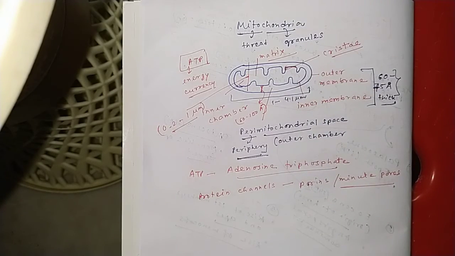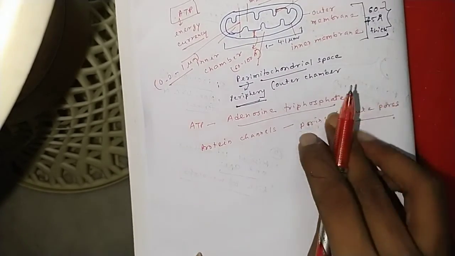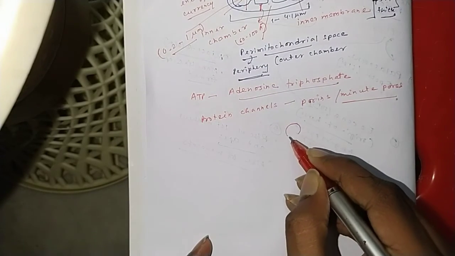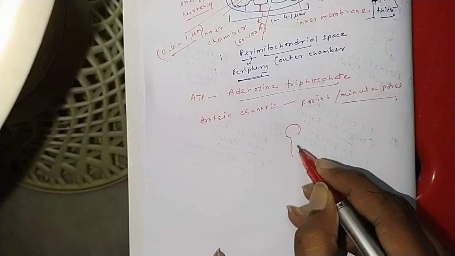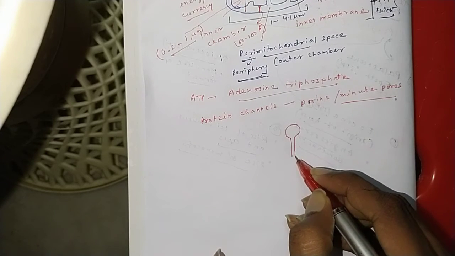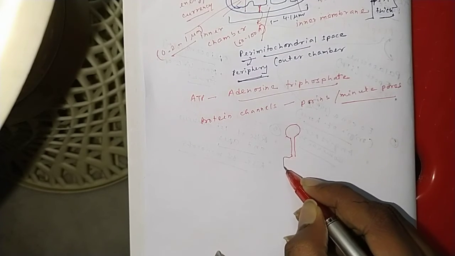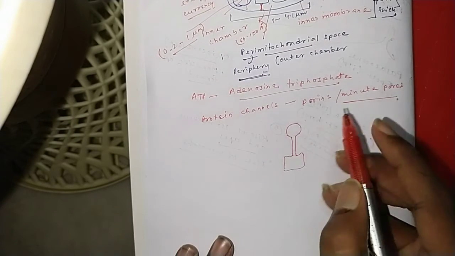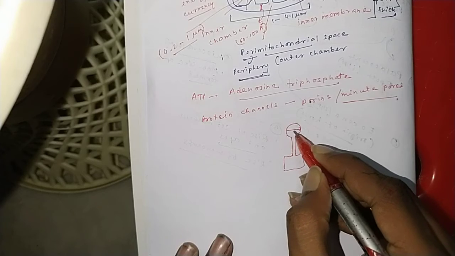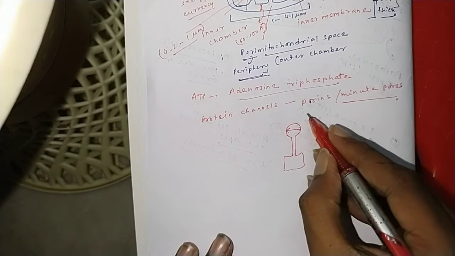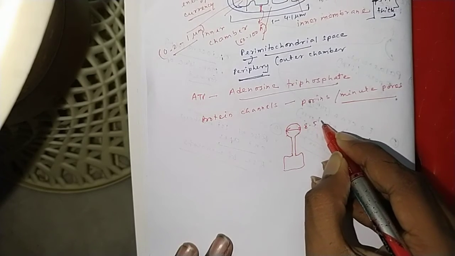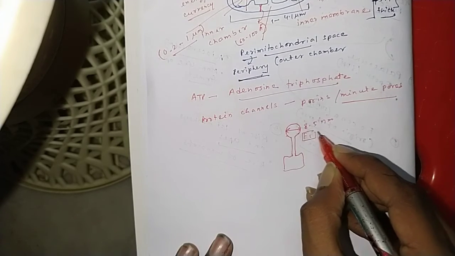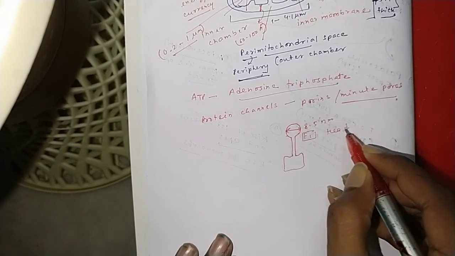If you draw the structure in a very simplified manner, you can see how it looks. It is 8.5 nanometer, and this is called the F1 head part.